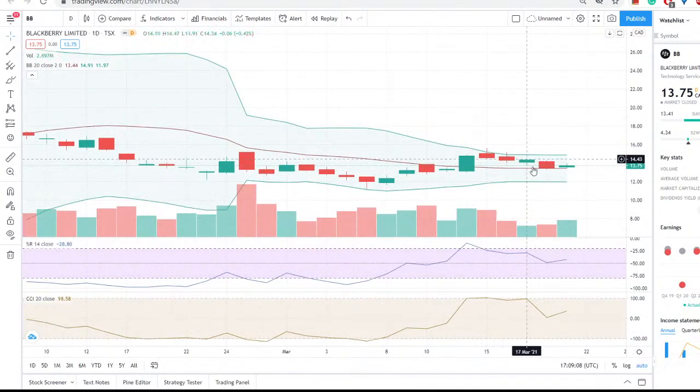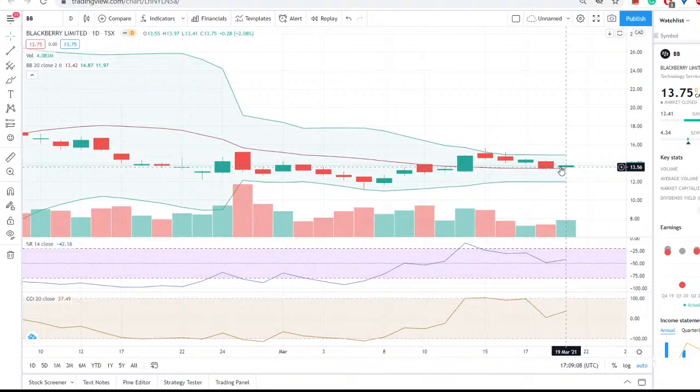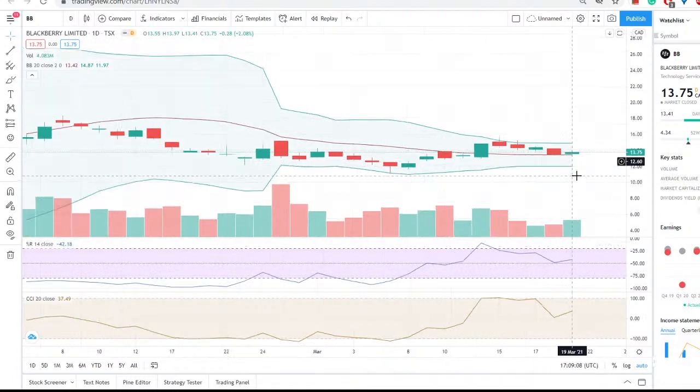On the daily chart, it was in a downtrend, and this mid Bollinger Band level of 13.43 acted as support for 2 consecutive sessions, and that's why Williams R and CCI, both indicators, have turned slightly upward.